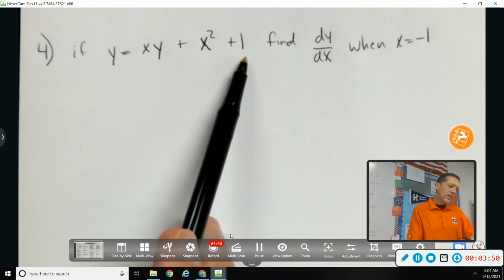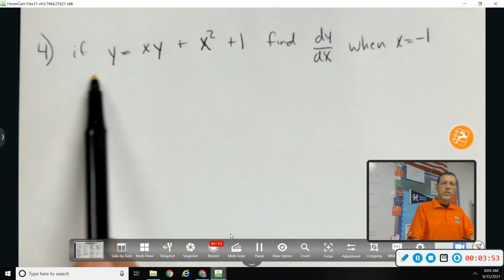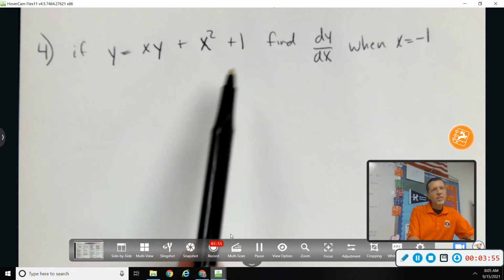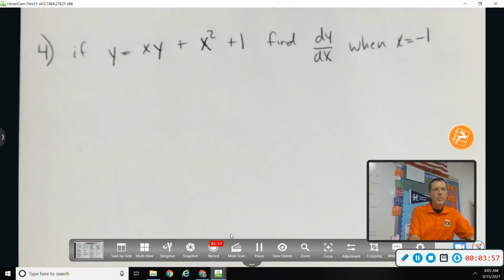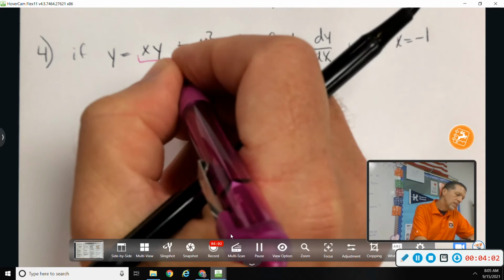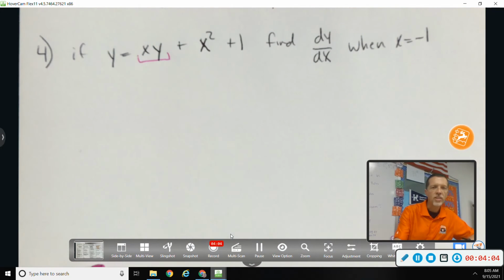Before you get started, what rules are you going to be using when you take this derivative? What's one of the rules you see? Product rule. Alright, so try that one.